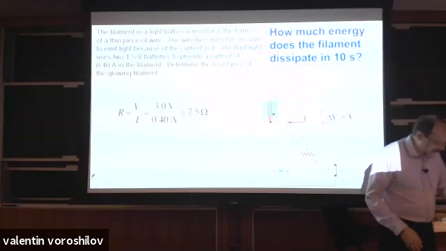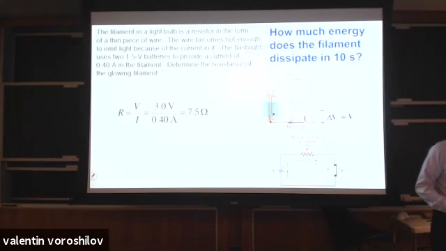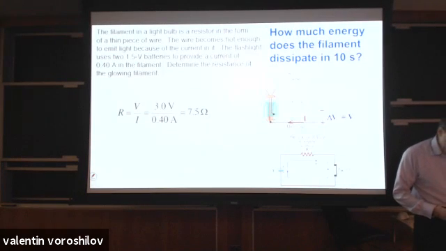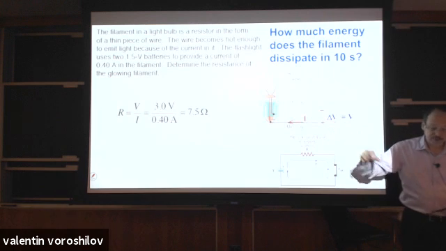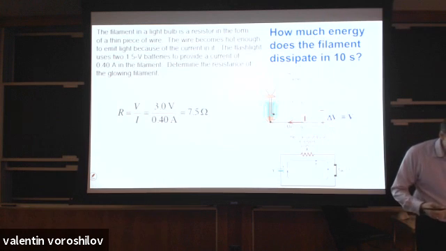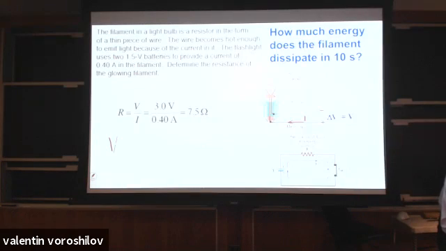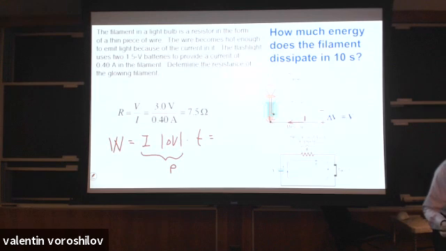For example, in this problem, which we already have solved, if you want to calculate the energy it produces, that energy should be equal to the amount of work done by electric current, and that should be equal to current times voltage times time. Well, current times voltage is power again, so power times time is work.